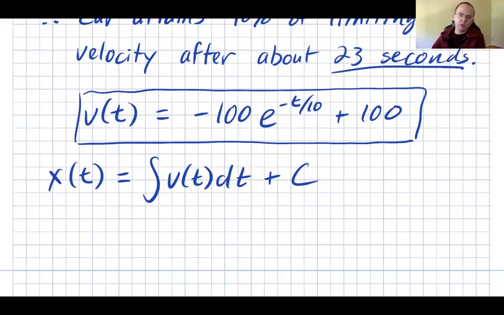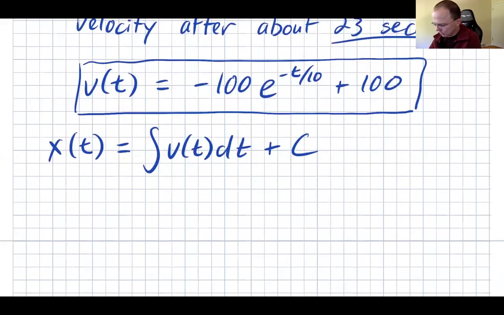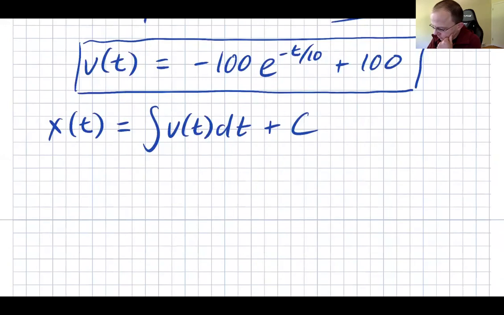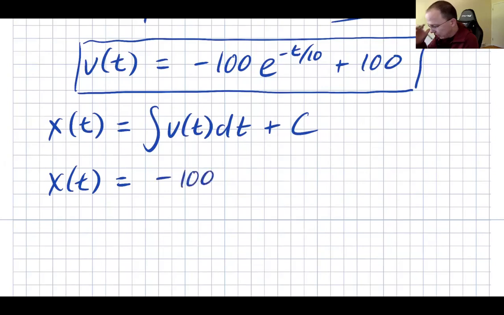Okay, so we're going to integrate this. It doesn't look too bad to integrate. So x of t will be the integral of that. So that will be negative 100. And then to integrate that, if we took the derivative, it would be multiplied by negative 1 over 10.